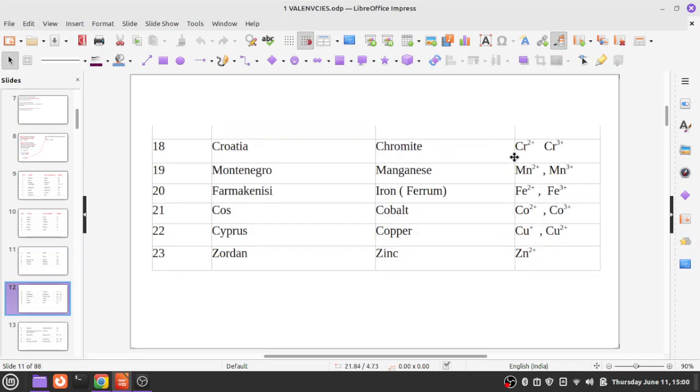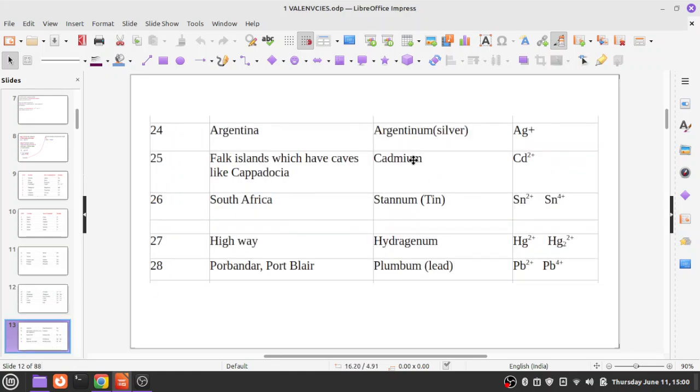Similarly, chromium Cr2 plus, Cr3 plus, manganese Mn2 plus, Mn3 plus, iron Fe2 plus, Fe3 plus, cobalt Co2 plus, Co3 plus, copper Cu plus, Cu2 plus, zinc Zn2 plus, argentum silver Ag plus, cadmium Cd2 plus, stannum tin Sn2 plus, Sn4 plus, hydrargyrum mercury Hg2 plus, plumbum lead Pb2 plus, Pb4 plus.